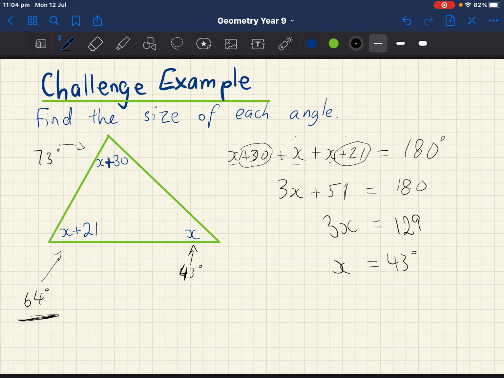We have successfully found the size of all 3 angles. I shouldn't say just, we've ultimately combined 3 different math skills: geometry, algebra, and equation solving to finish it off.